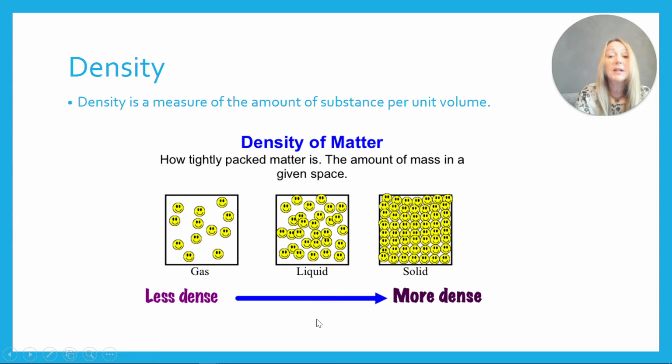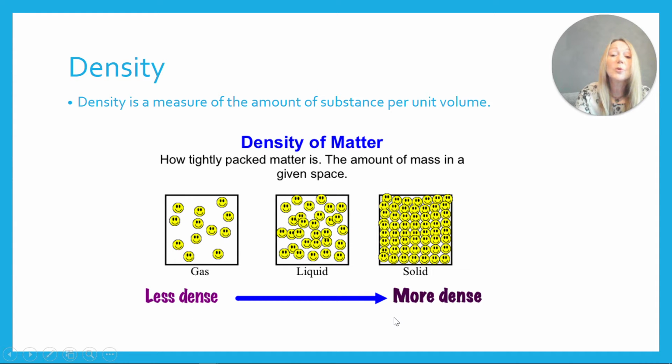If we go down to the liquid, the particles are slightly more spread out, they can flow over each other, and there are fewer particles in a given space, and so that makes it medium density. And when we come to a gas, for the same volume, there are fewer particles within that given space, and so that's less dense.